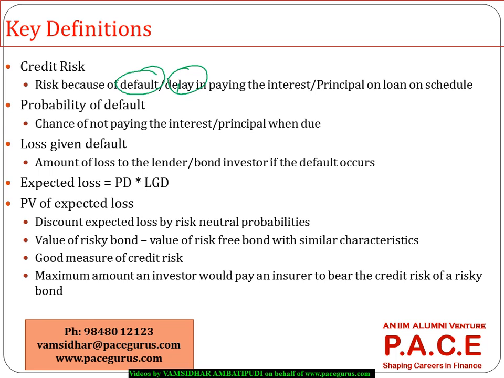But that loss may not be the entire 100% of the money, because at the time of the bond agreement, or in the indenture for the bond, there could be some kind of collateral mentioned as a part of the initial agreement, that in case of default or delay in payment, the lender can take possession of XYZ assets.